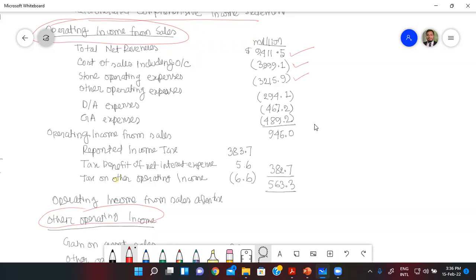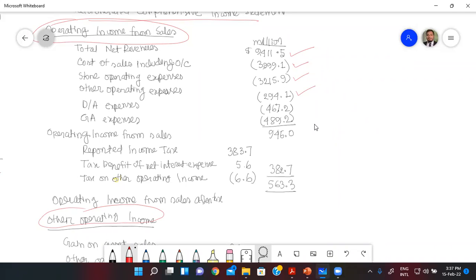That's why it is a negative item here as it is expenses. Other operating expenses, we do not have an idea whether it is part of the other operating income or part of the operating income from sales. If we do not have any other clue, we will assume that it is part of the operating income from sales. That's why it is here, 294.1 million.